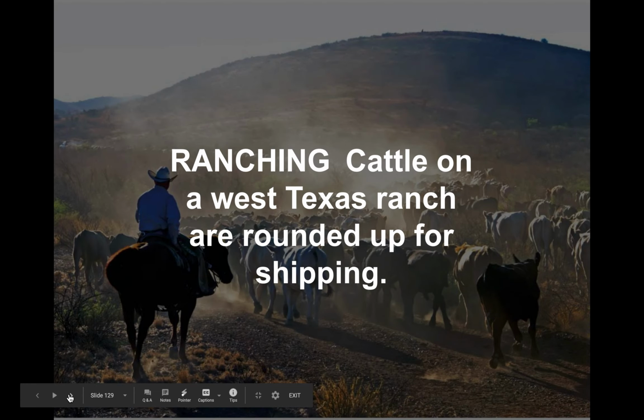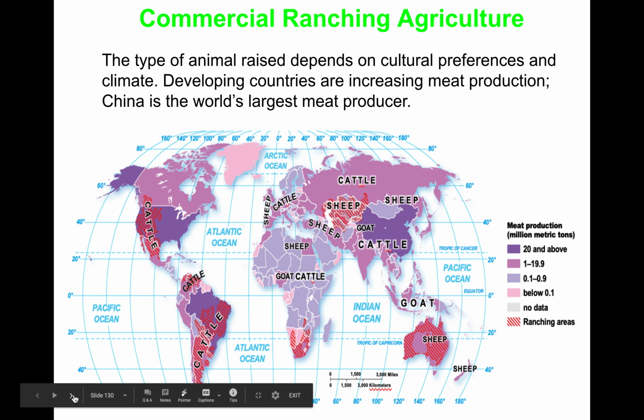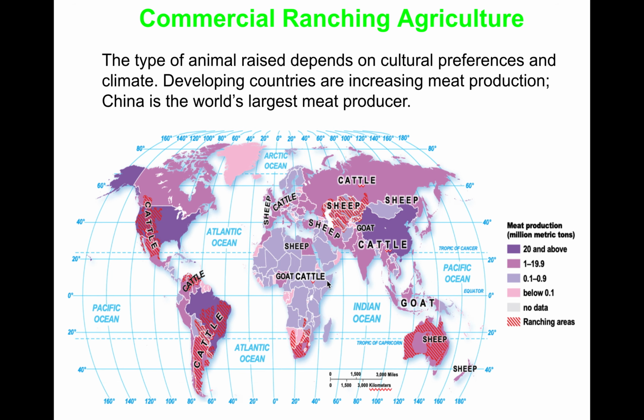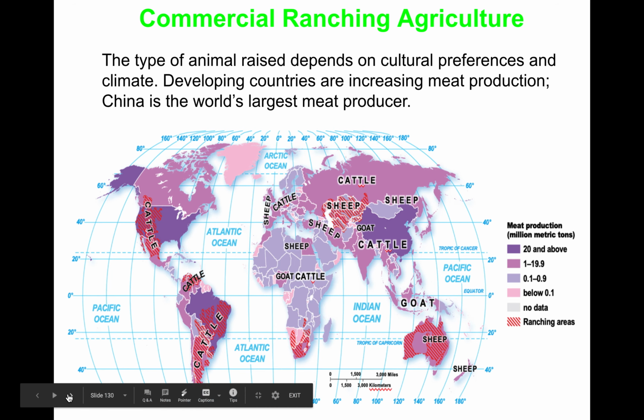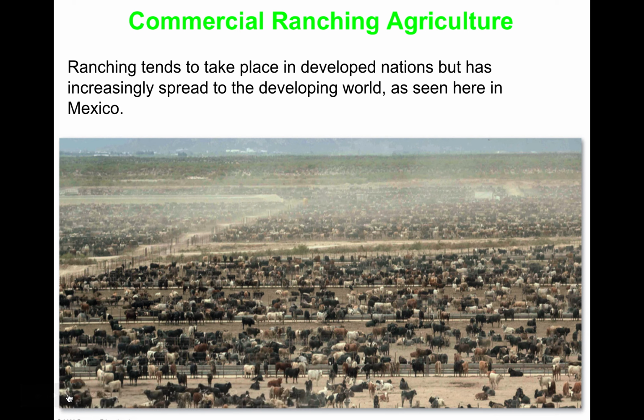Here shows a cattle ranch in western Texas. The type of animal raised depends on cultural preferences, so we can see the distribution of meat proteins. Ranching tends to take place in developed countries.